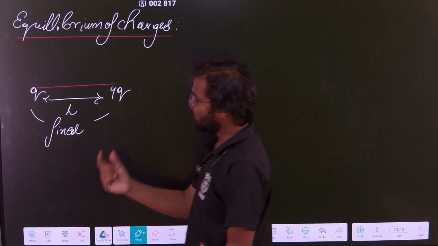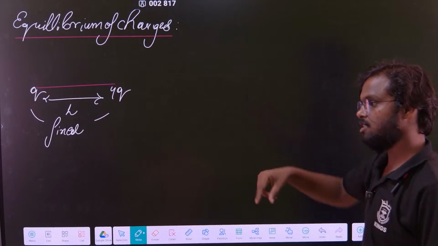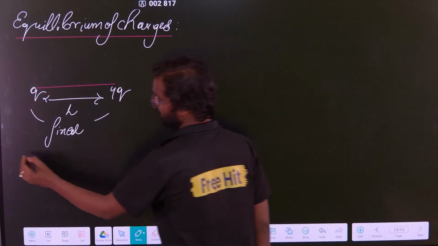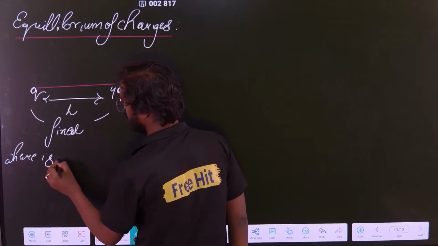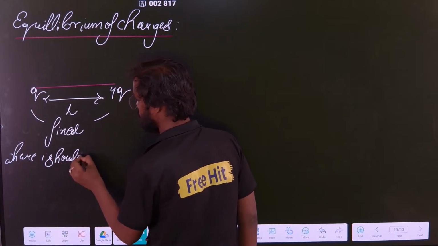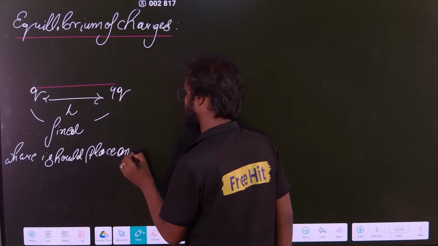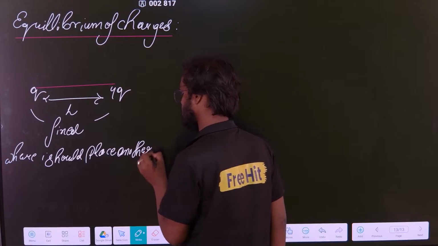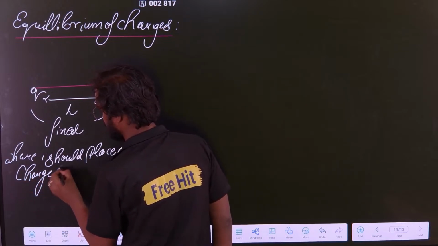Now you tell me, I want to keep another charge Q such that the net force on that charge will be 0. Where should I place another charge Q?